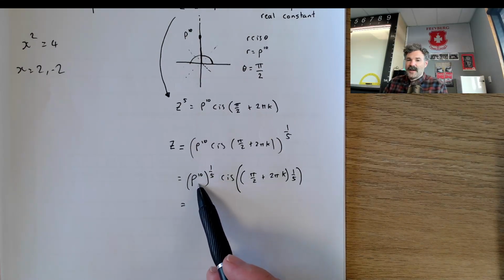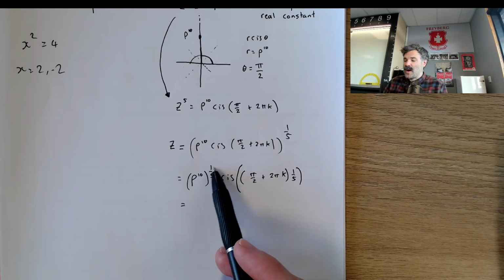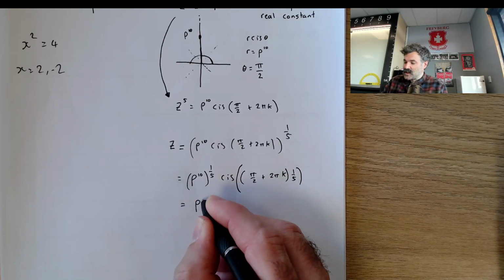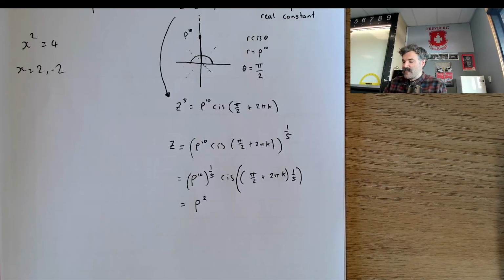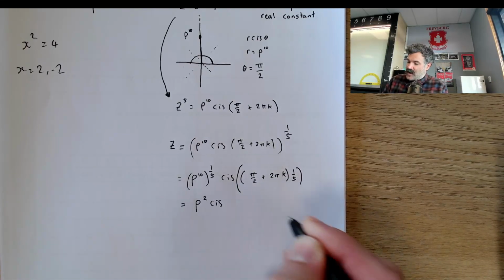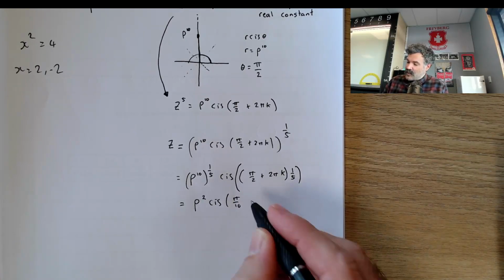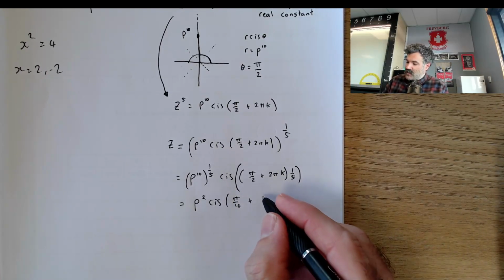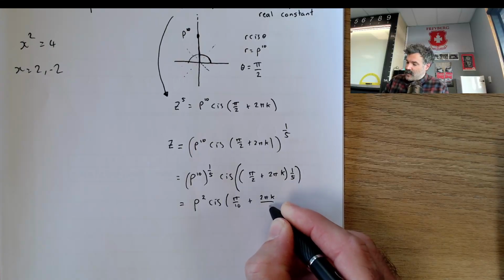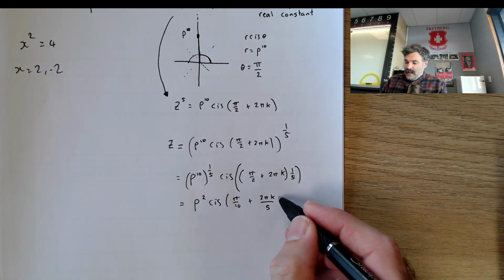If I've got a power raised to another power, I multiply them. In this case, this is p to the 2, 10 times by 1 over 5. And cis of, I'm multiplying a fifth of this, so it's going to be pi over 10 plus 2 pi k over 5.